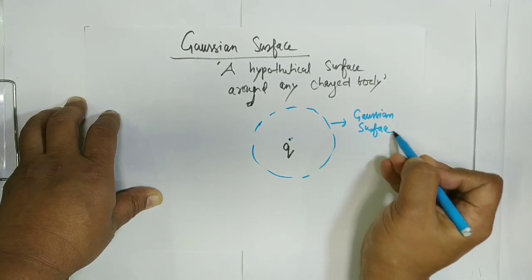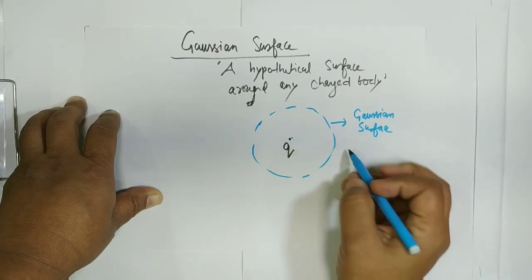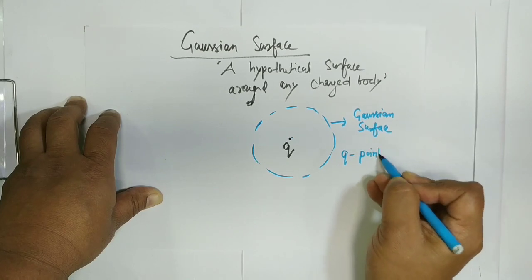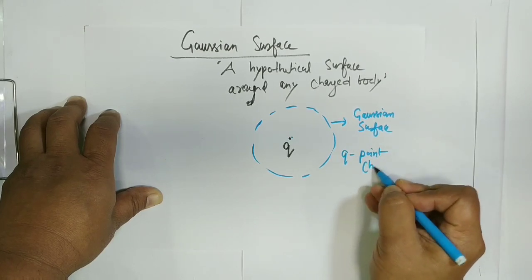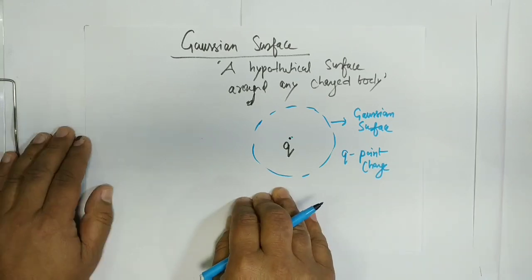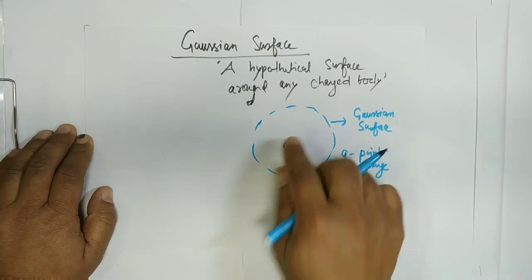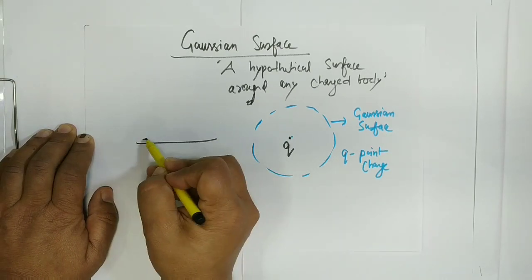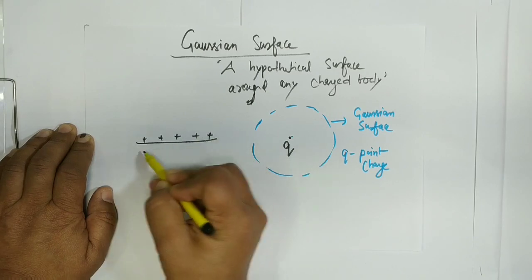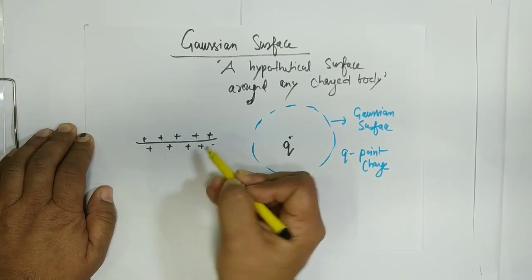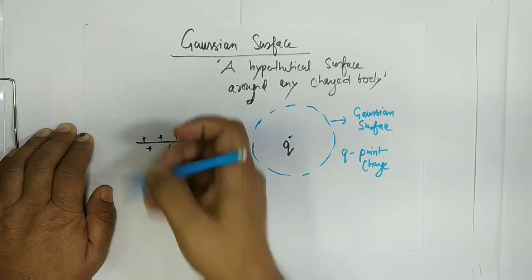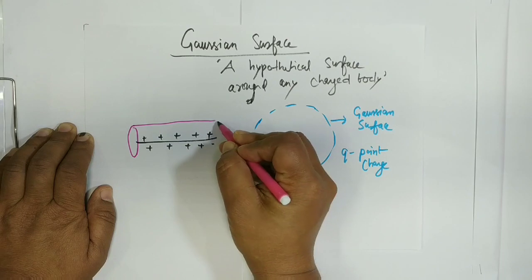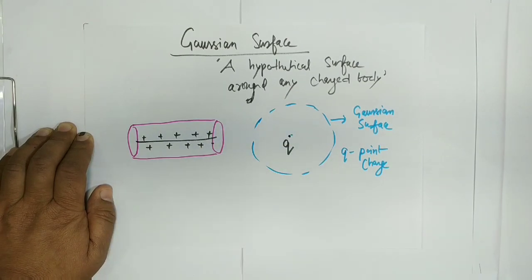Now this is a point charge. Some of you will ask why this is spherical. Because q is a point charge, we see the spherical symmetry. So this is a Gaussian surface for a point charge, which means the charge will be enclosed inside it. Similarly, a wire will have a cylindrical symmetry, so for this we can have a cylindrical Gaussian surface.